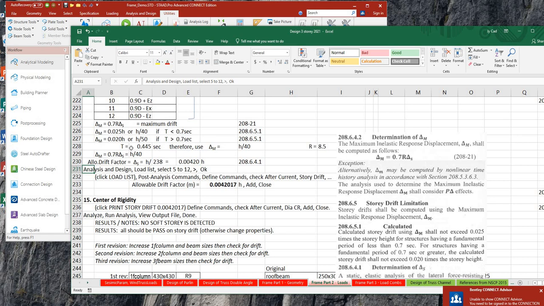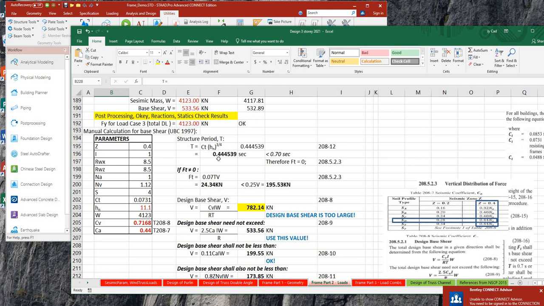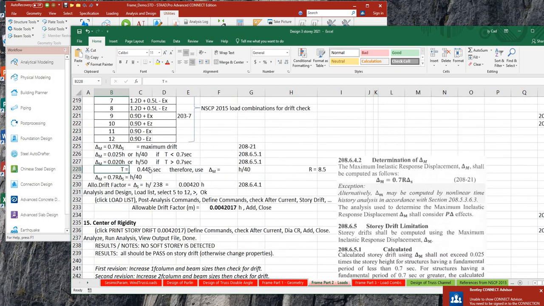Now, remember that our computed period T is 0.444 seconds. So, it is less than 0.7, therefore we will use 208.6.5.1, which is H over 40. That is our delta M. So, let's equate our maximum drift to H over 40.